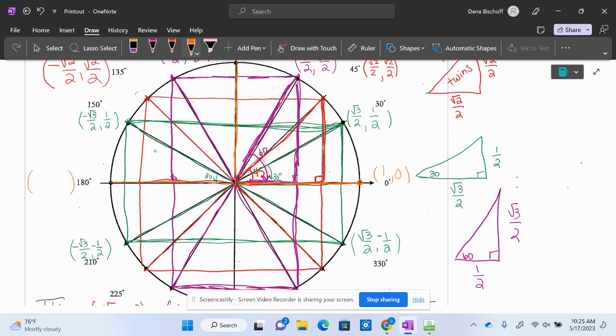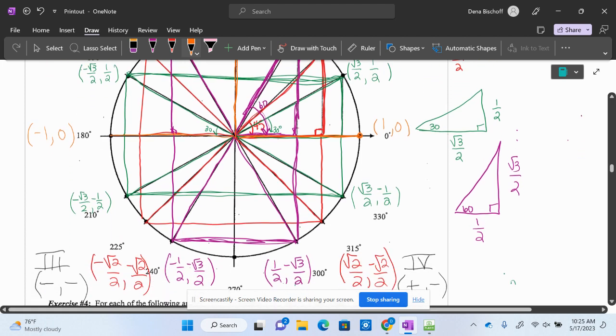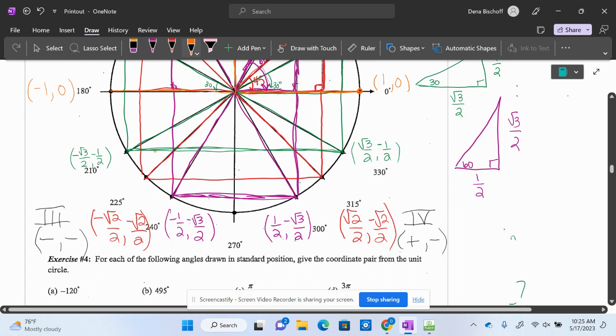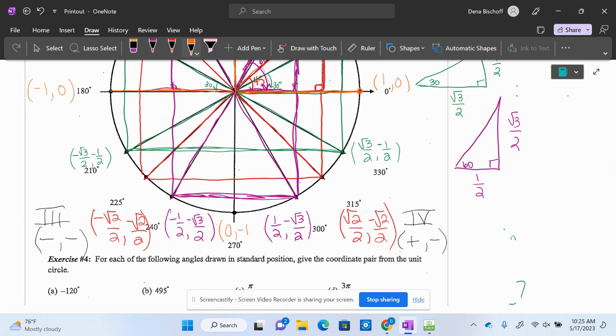Well, here x is negative 1. It's 1 unit. Y is 0. And then for 270, x is 0, and you guessed it, y is -1. Okay, so this is going down 1 unit. There's no horizontal movement, only a vertical.